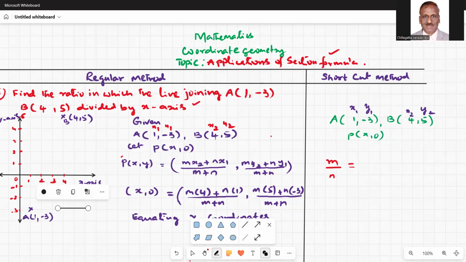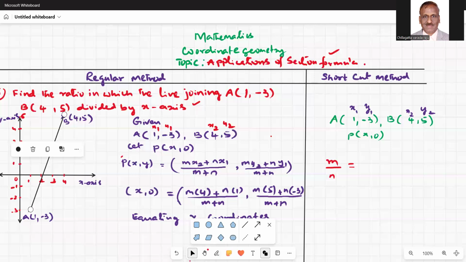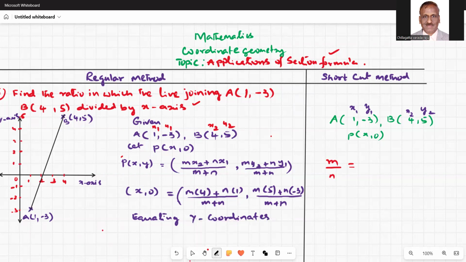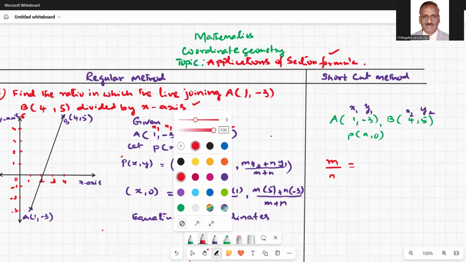So let me join point A to point B. While joining, don't you see that this line segment AB is cut by the x-axis? Somewhere the x-axis cuts the line segment at this point.